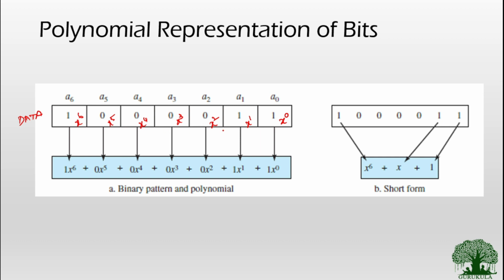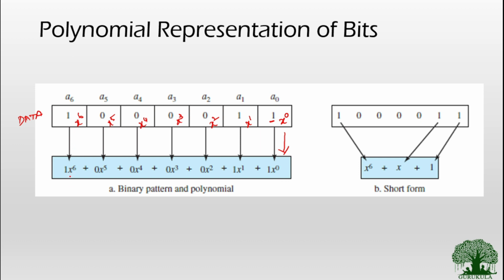So this is the polynomial representation of these bits. The 1 is the coefficient of x to the power of 0, and this next bit will be the coefficient of x to the power of 1, as you can see. So that is how I can write the entire expression.